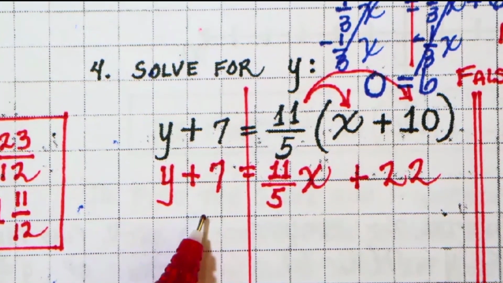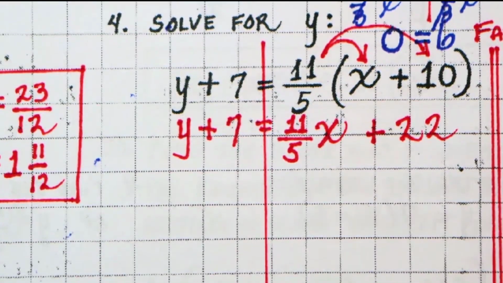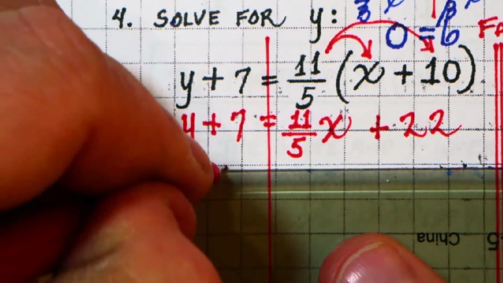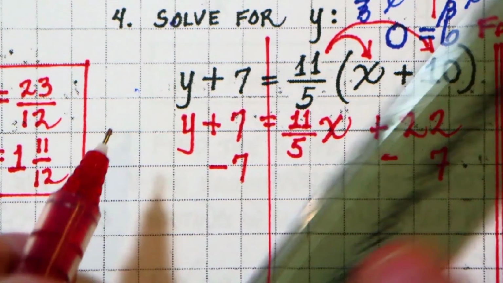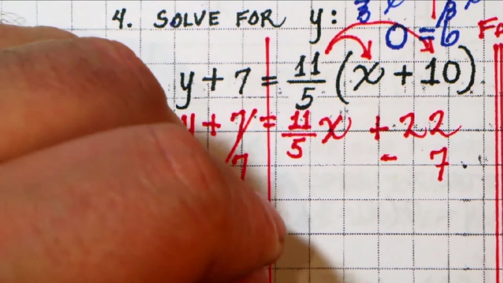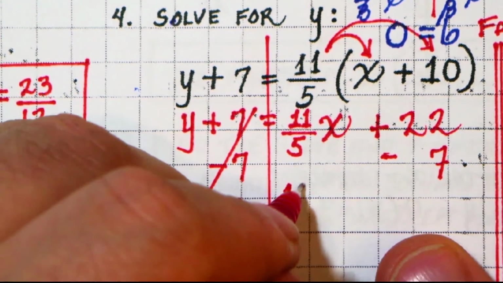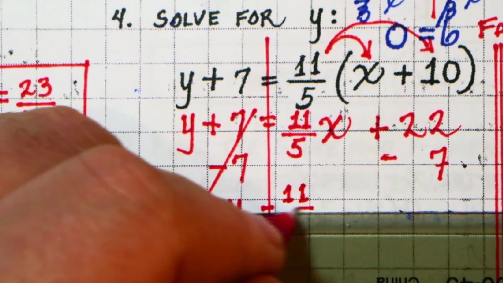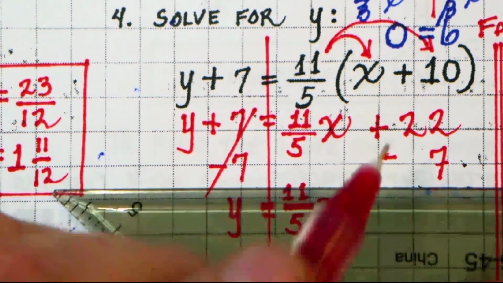Okay, here we go. I want y by itself. Final step. Okay, everybody said the correct answer, but Rudy said it first. -7. Now these, mark out the 7s. Thank you, Eduardo. Y equals 11 over 5x and now we have to do 22 minus 7.